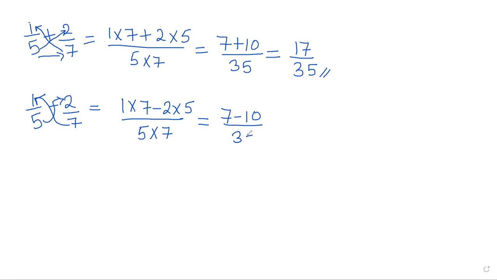Denominator is a 35. And when you subtract this, 7 minus 10 is a negative 3 divided by 35. Again, 3 is a prime number, so this cannot be reduced further, and this is the end. So this symbol at the end, I don't know what this symbol means. I just do it when my solution is finished. So yeah, just my habit.